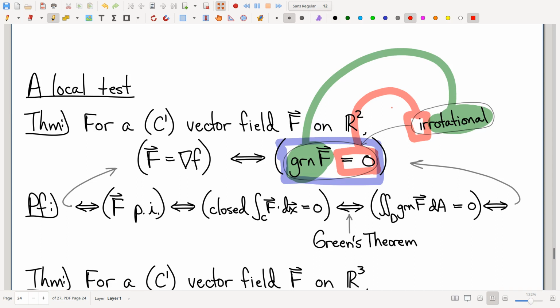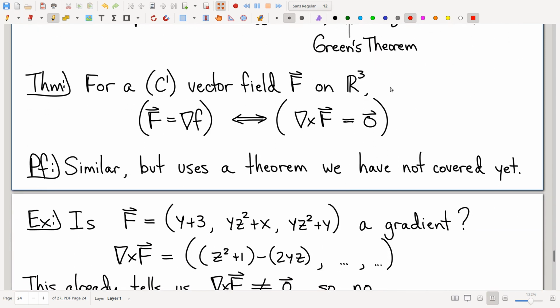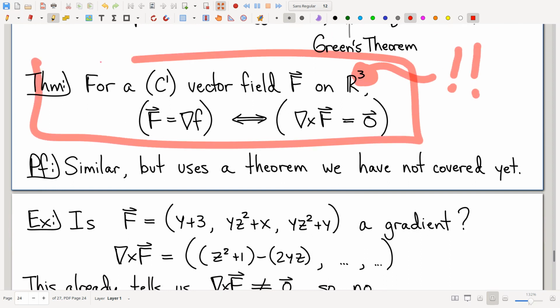Okay. All right, so now this theorem that we just saw, this is a two-dimensional theorem. Notice that this is specifically in R2. There is a three-dimensional version of this theorem as well. The three-dimensional version of this theorem has us look at curl instead of Green's operator. And there's great reason for this.